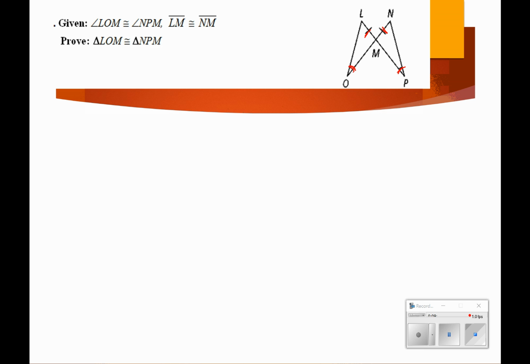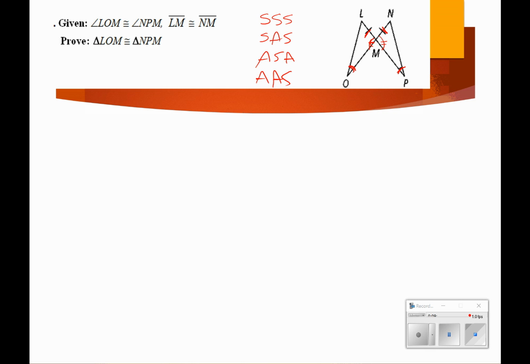Of my postulates, I have side, side, side, side, angle, side, angle, side, angle, and angle, angle, side. So the only thing that it looks like I can do is say that I've got these vertical angles congruent. And that's what we're going to use to prove. So I can do that by angle, angle, side.